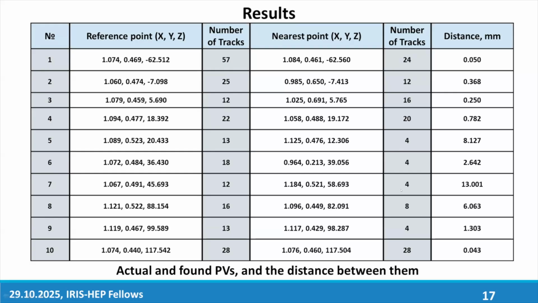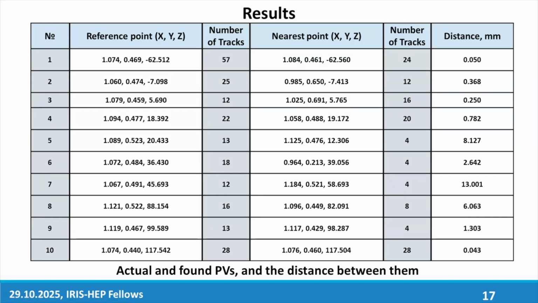But there are still some vertices which lose some tracks at some stages. So we can find this loss, and in future we will increase the accuracy of this algorithm. But for now, the vertices with the most tracks are reconstructed quite well.